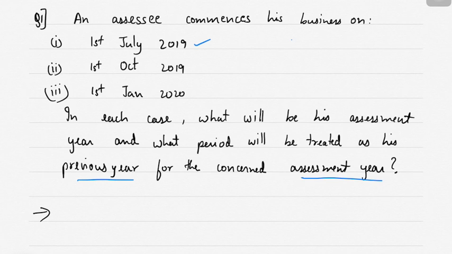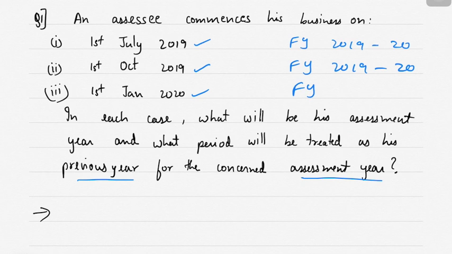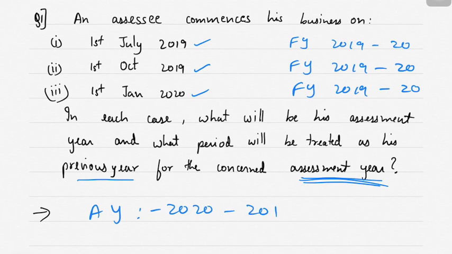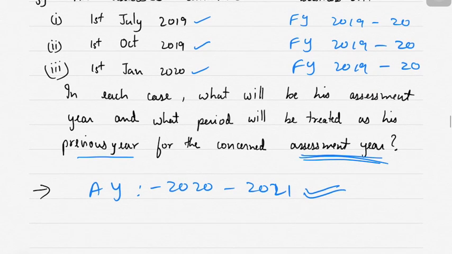That means it has started during the financial year 2019-20. 1st October 2019 is also financial year 2019-20, and 1st January 2020 is also financial year 2019-20, right? So relevant assessment year is going to be assessment year 2020-21. So in all the three cases, assessment year is going to be 2020-21.